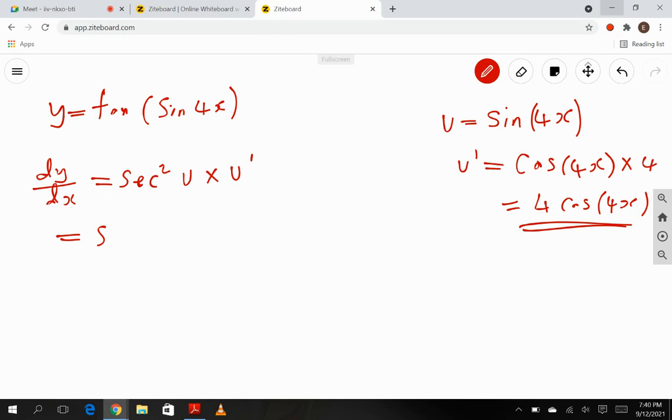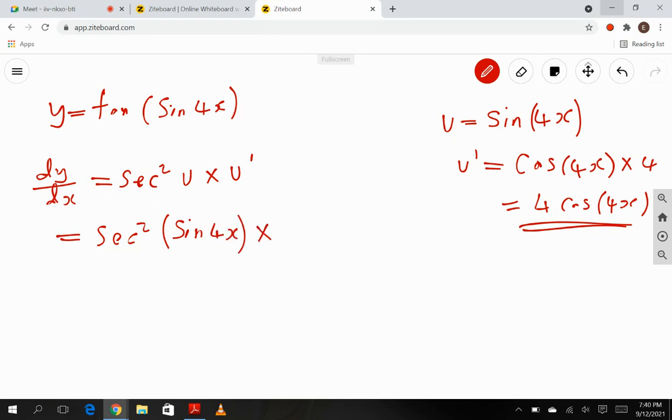Then here you just have to replace now. So sec squared of u. Our u is sine 4x.